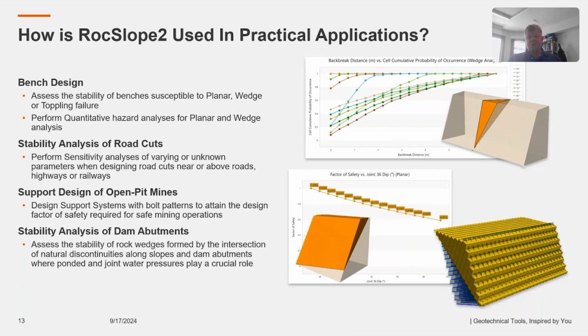You can use it for the design of open pits and support design in general, looking at things like pattern bolting, which does not exist in any of products like S-Wedge or RockPlane, RockTopple. You can look at dam abutments and the idea of pore pressures and whether pore pressures cause stability issues. So there are numerous practical applications. Next slide.